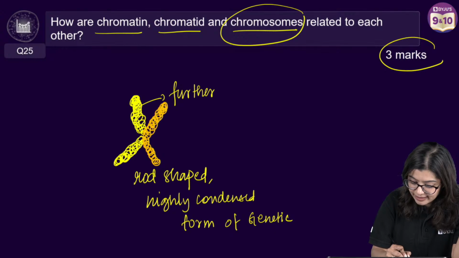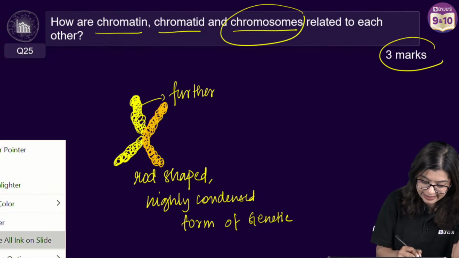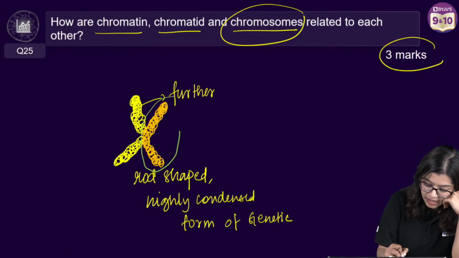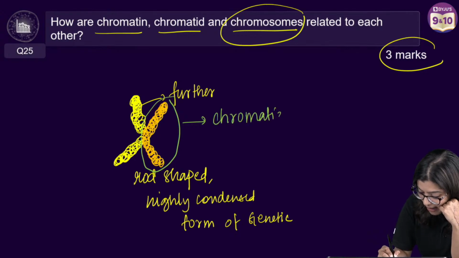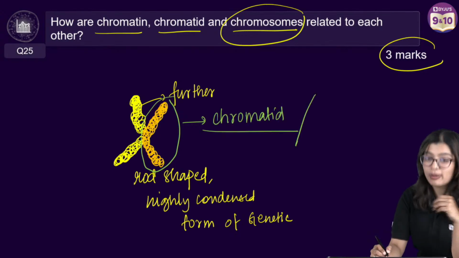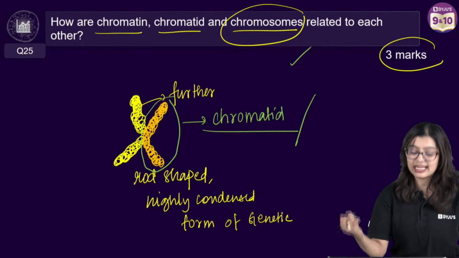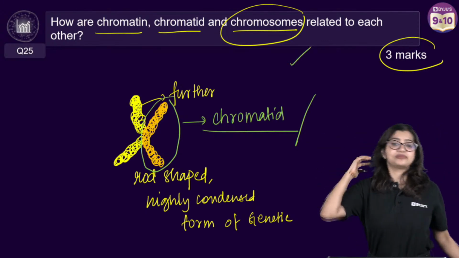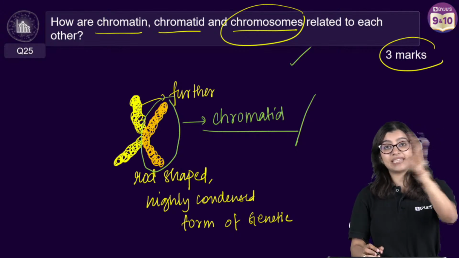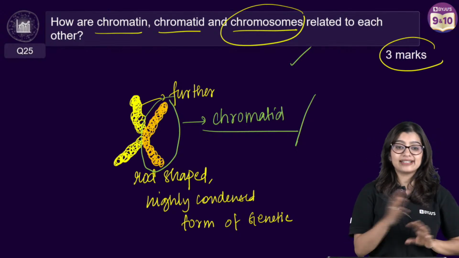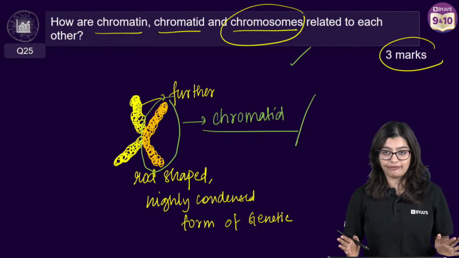This identical copy that gets synthesized here is what we call a chromatid. So chromosome and chromatid appear during our cell division phase, while chromatin is what appears during the normal phase, right?